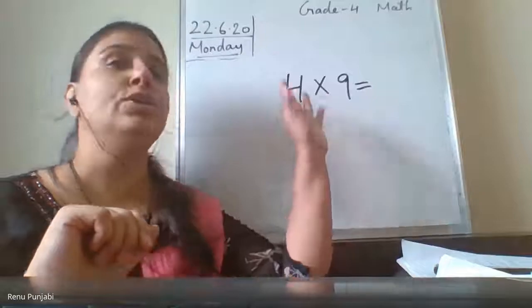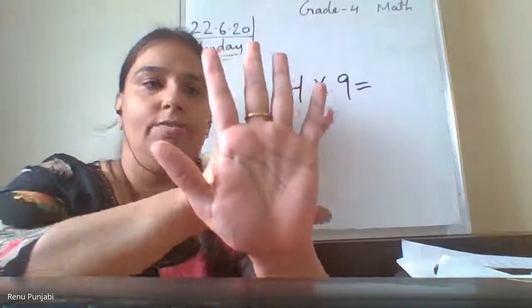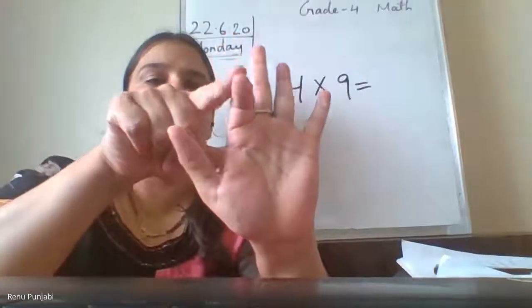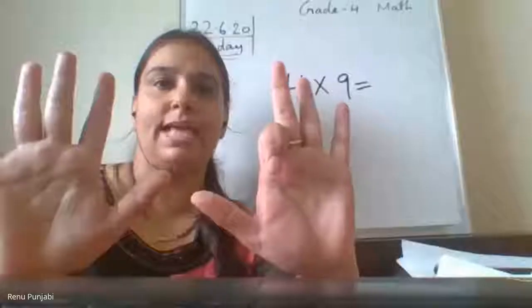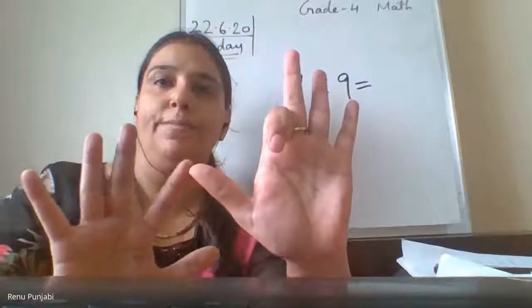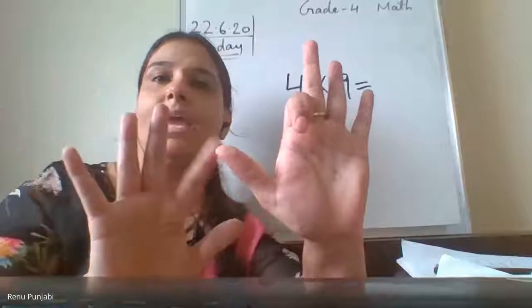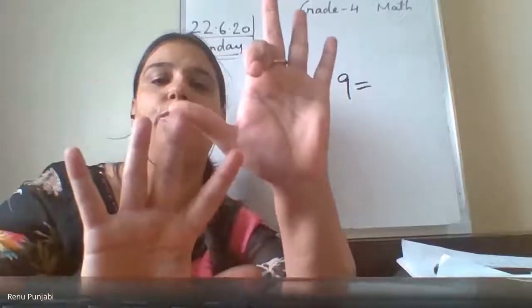You need to close your 4th finger from this side. 1, 2, 3, 4. Close your 4th finger. From your left side, give them the numbers 1, 2, 3. And from your right side, after closing this, give them again the numbers 1, 2, 3, 4, 5, 6.